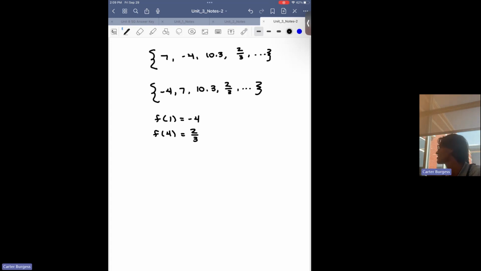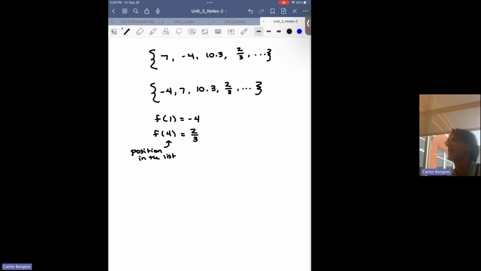All right, so an interesting observation to note here. What are the inputs to this particular function? Yeah, it's the position of the number in the list. This is just where we end up, the position in the list.